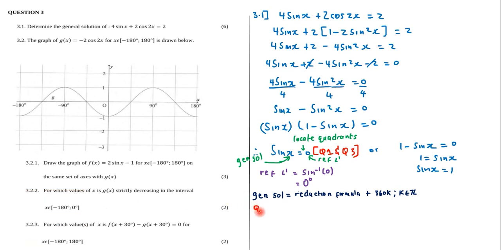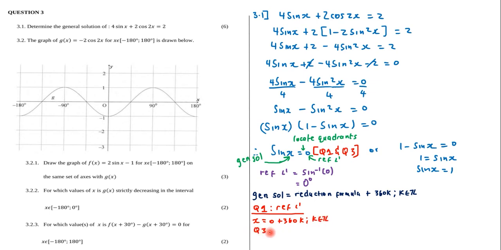Here, we're first going to be focusing on the first quadrant. We know that the reduction formula there is just the reference angle. So the general solution for that will be x equals the reference angle, which is 0, plus 360k, where k is an element of integers. Now what about the third quadrant?